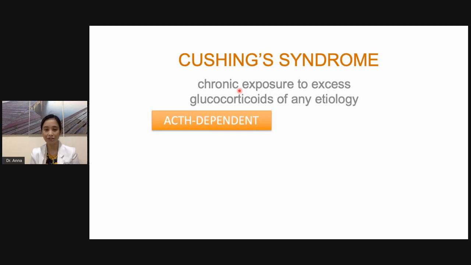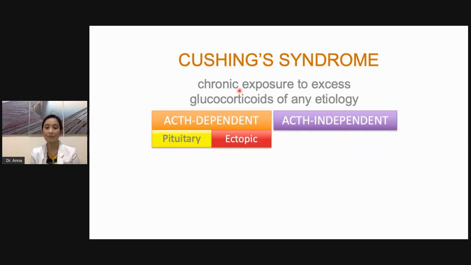You can divide Cushing syndrome into ACTH dependent and ACTH independent. Your ACTH dependent can be divided into pituitary and ectopic ACTH syndrome, or EAS.